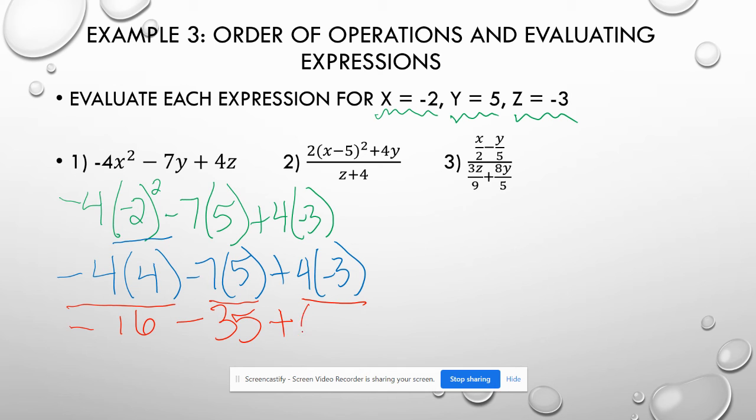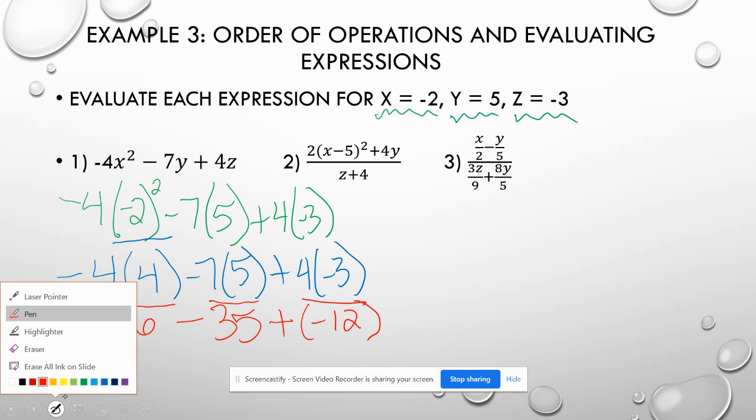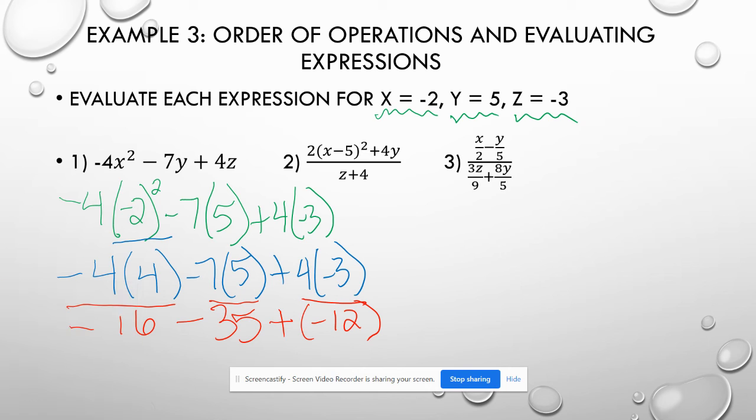And then 4 times -3 is -12. Last but not least, then we take care of the adding. -16 minus 35 more plus -12 gives us an overall answer of -63.